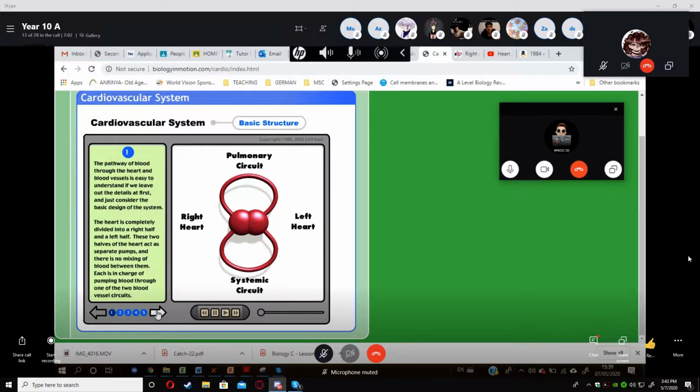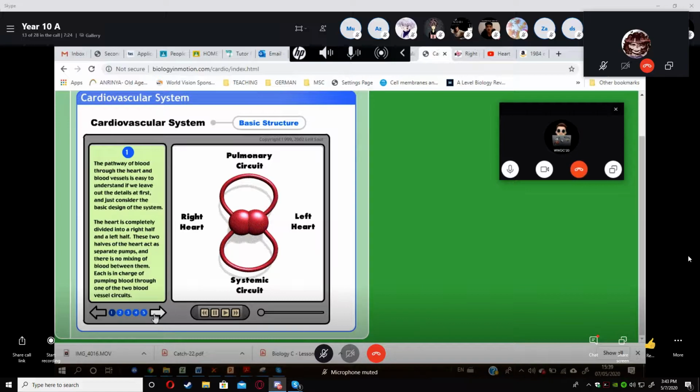Right. So the pathway of blood through the heart and the blood vessels is easy to understand if we leave out the details at first and just consider the basic design of the system. If this is the heart, this is the left, this is the right, this is the pulmonary circuit, and this is the systemic circuit. I'm not going through what is pulmonary, what is systemic.